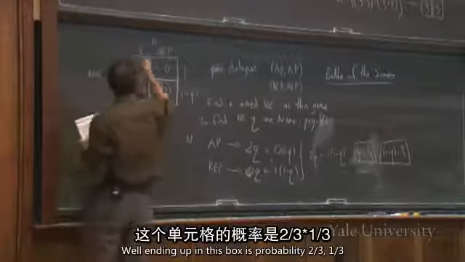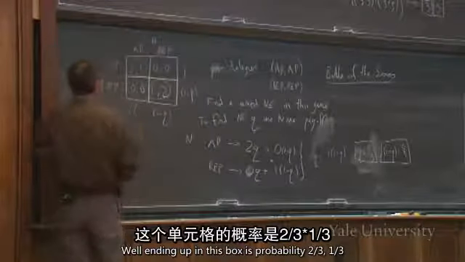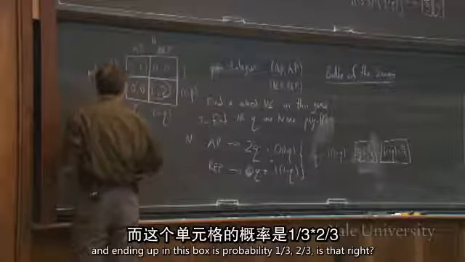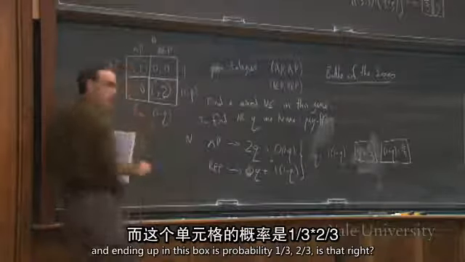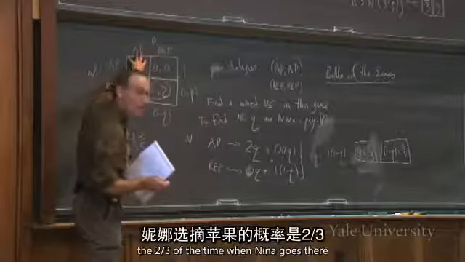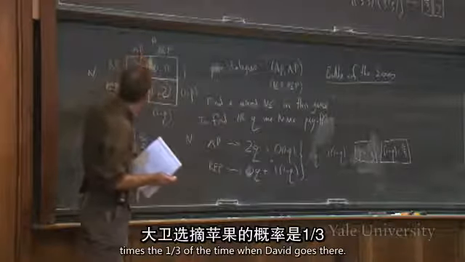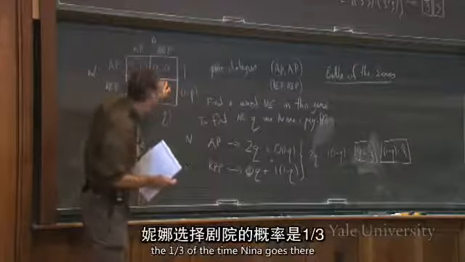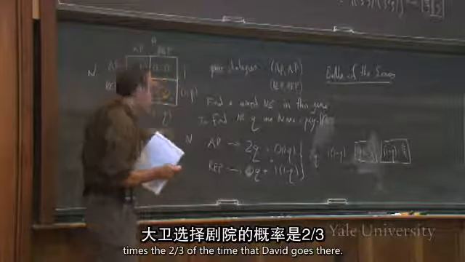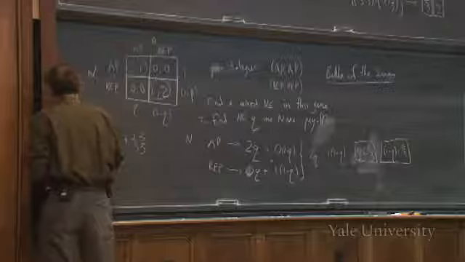Ending up in this box is probability 2/3 times 1/3, and ending up in this box is probability 1/3 times 2/3. You end up meeting at apple picking the 2/3 of the time when Nina goes there times the 1/3 of the time when David goes there. And you end up meeting at the rep the 1/3 of the time Nina goes there times the 2/3 of the time that David goes there. So this is the total probability of meeting.